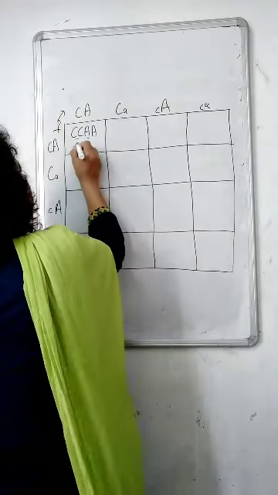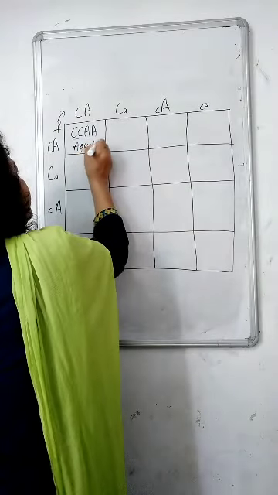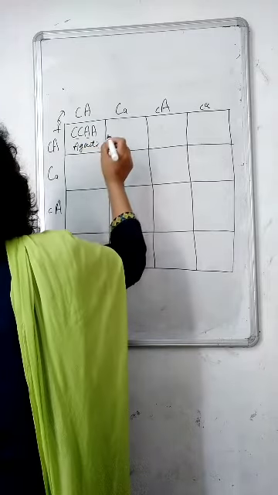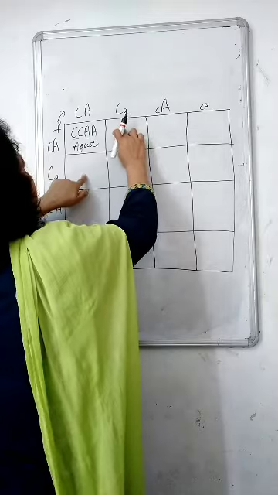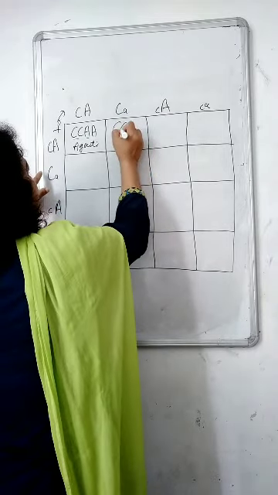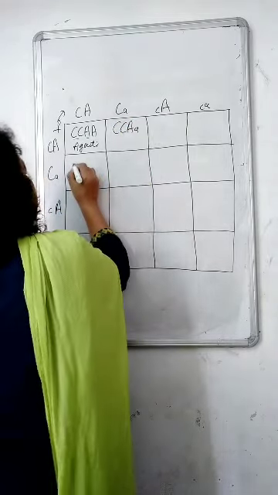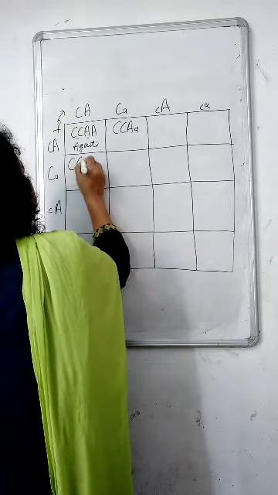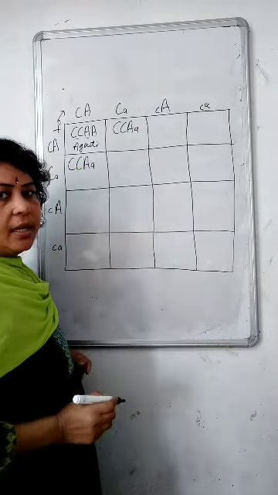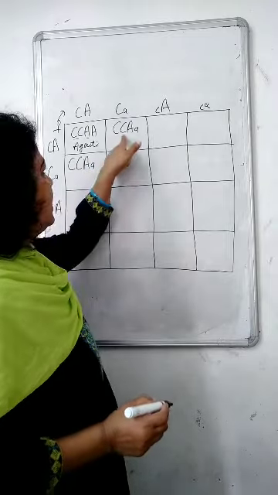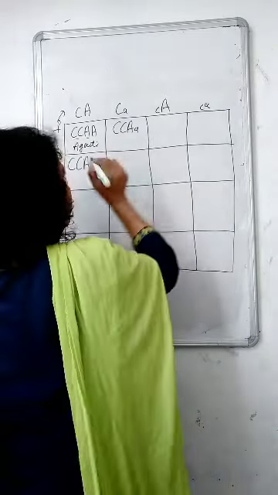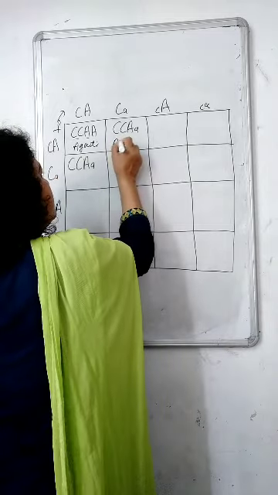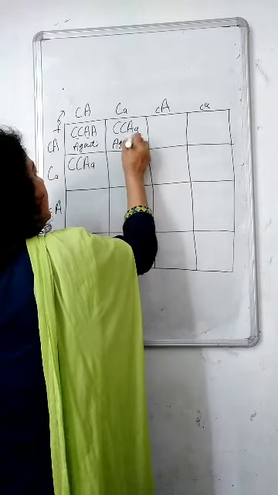Then these two: capital C, capital A, small a. Here also capital C, capital A, small a. Here also both genes are in dominant condition. Even though one is heterozygous and one is homozygous, it also produces agouti.